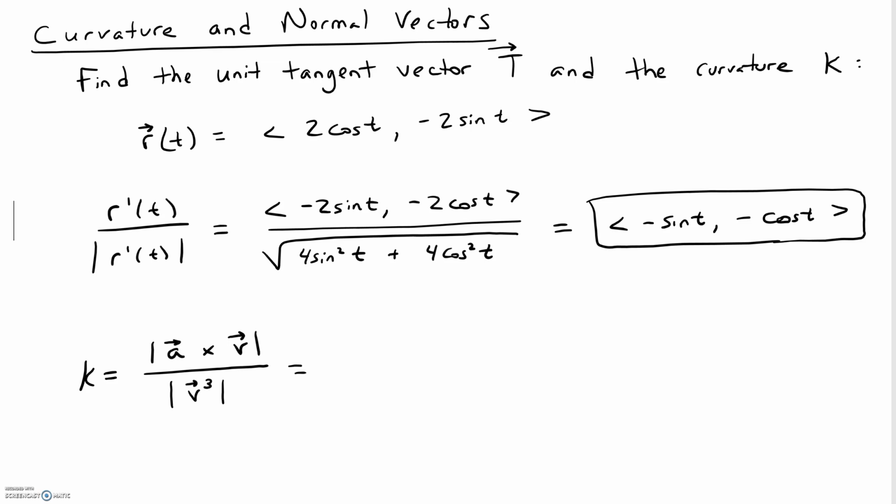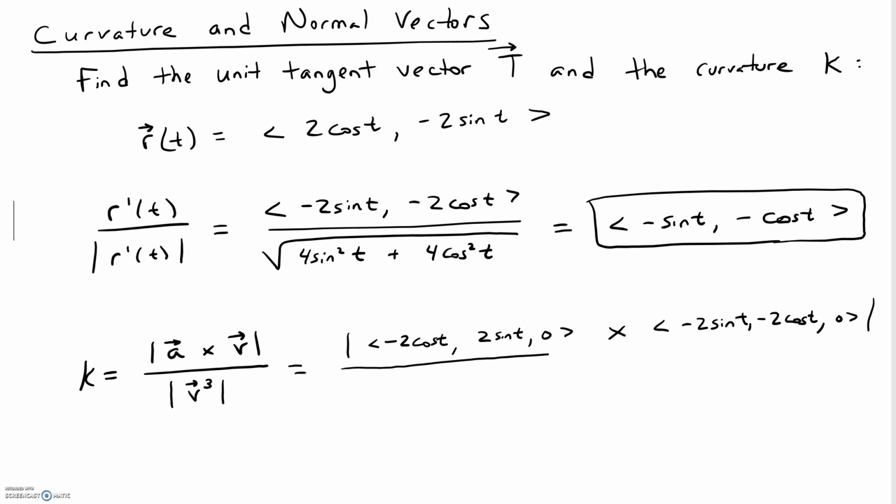So then the numerator would be the magnitude of the cross product of the velocity vector -2 cosine t, 2 sine t, 0, crossed with the acceleration vector, which would be -2 sine t, -2 cosine t, 0.